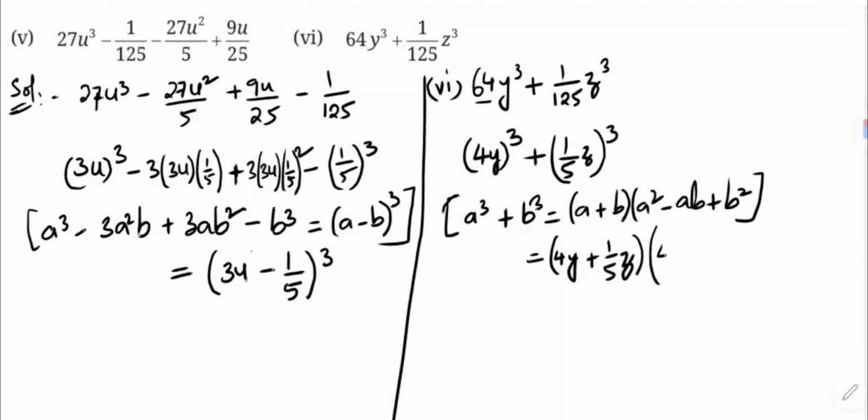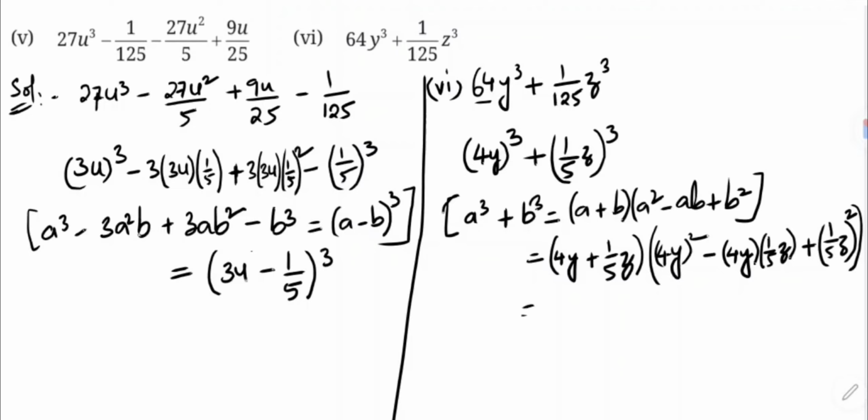A is 4y square minus a is 4y and b is 1 by 5 z plus 1 by 5 z whole square.